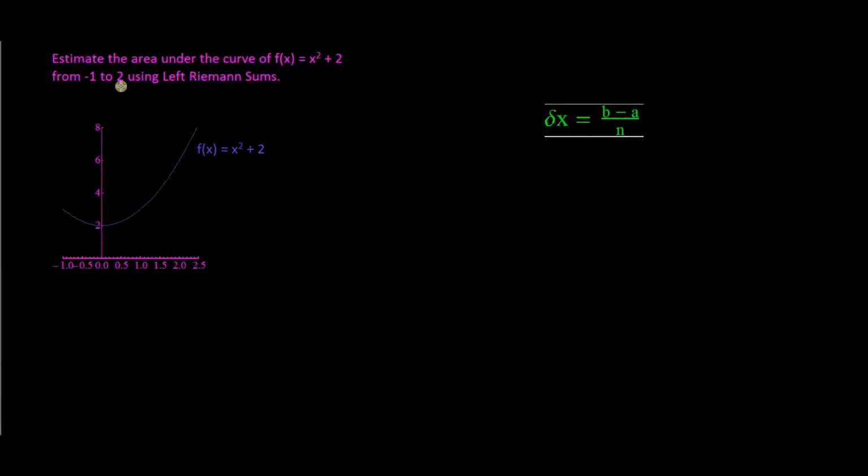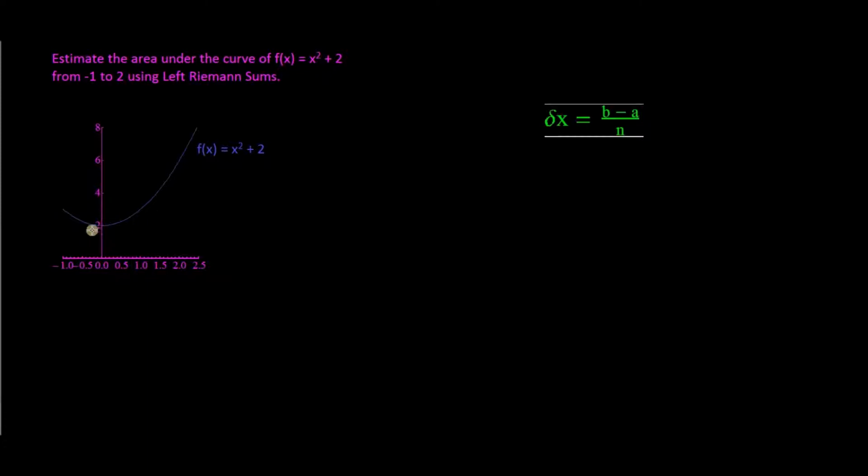So if you think about this, we're trying to estimate this area from -1 to 2. So all of this area here between the x-axis and the graph, we're trying to find out what the area there is. So what's a relatively easy way to estimate that?